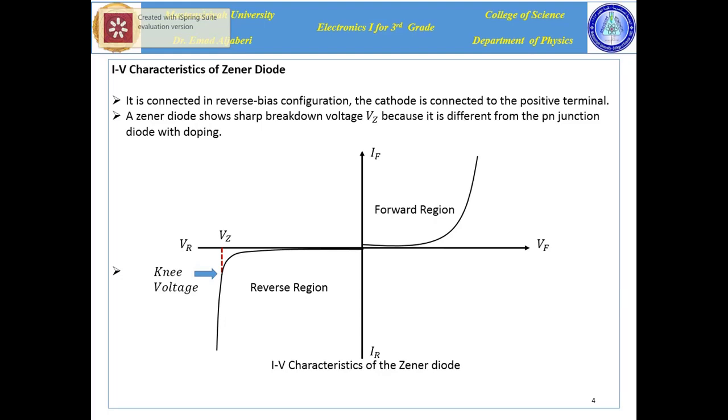The forward region is very similar to a p-n junction diode's behavior, while the reverse region is different from a p-n junction diode's behavior because the current can flow through the Zener diode when the applied voltage reaches V sub Z, the breakdown voltage. This point is referred to as the knee.